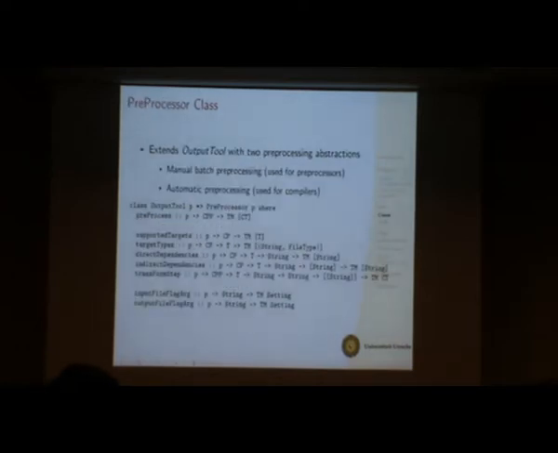It's actually a double abstraction, as it uses minimal batch preprocessing, which was used inside the package description file, where you explicitly say which is the input file, which is the output file, and which flags to use. And an automatic preprocessing system, which describes how, when I want this file, which files are needed to build it, and how those files are built.